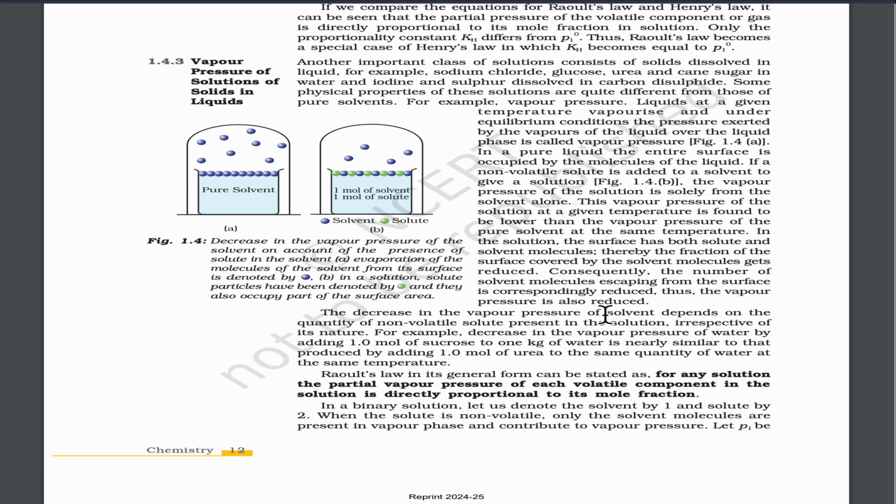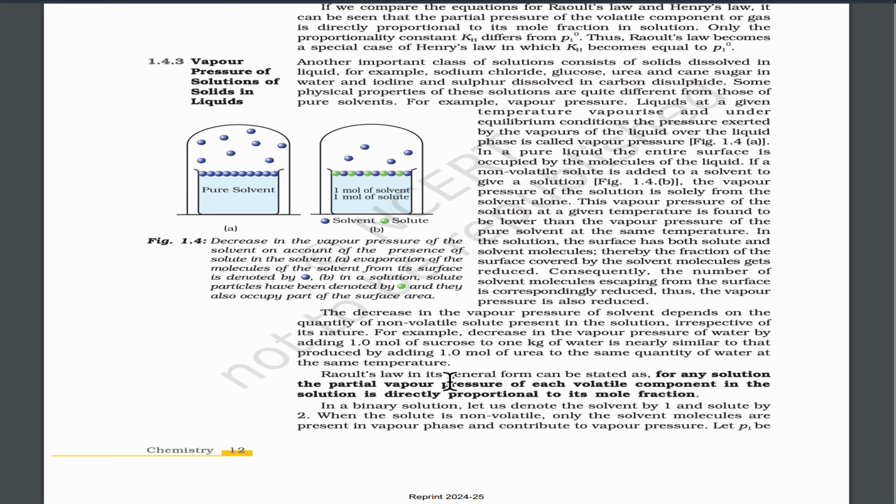The decrease in the vapor pressure of solvent depends on the quantity of non-volatile solute present in the solution, irrespective of its nature. For example, the decrease in the vapor pressure of water by adding 1 mole of sucrose to 1 kg of water is nearly similar to that produced by adding 1 mole of urea to the same quantity of water at the same temperature.